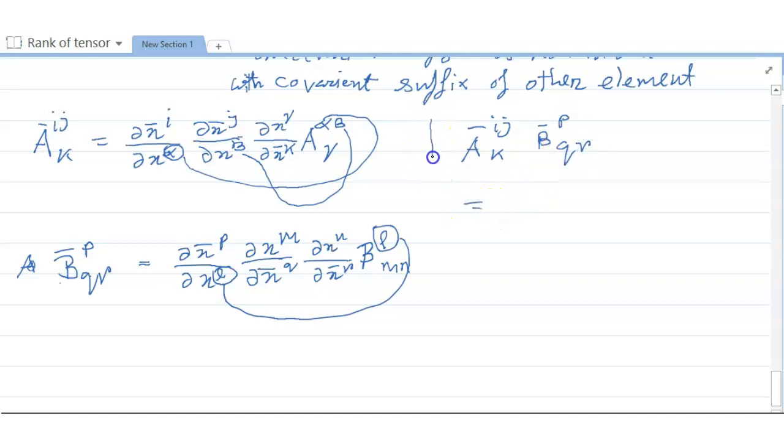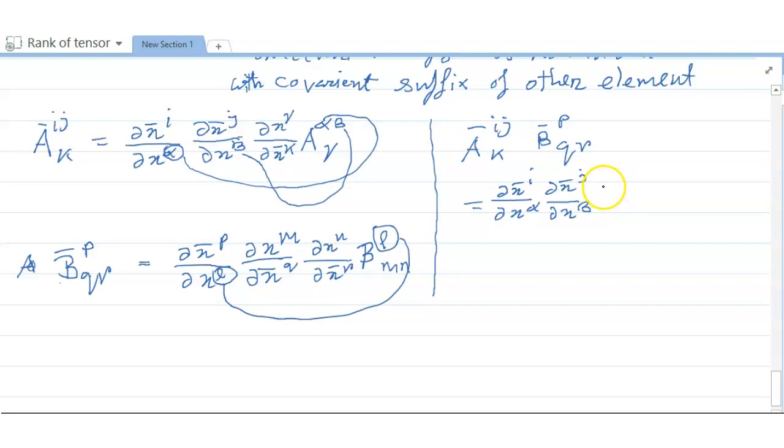It can be written this way: del x bar i divided by del x to the power alpha, del x bar j divided by del x to the power beta. It is not power, it is suffix, but I generally use the word power, but it is not power, friends, it is an index. So I just use this power language. Actually it is not power.